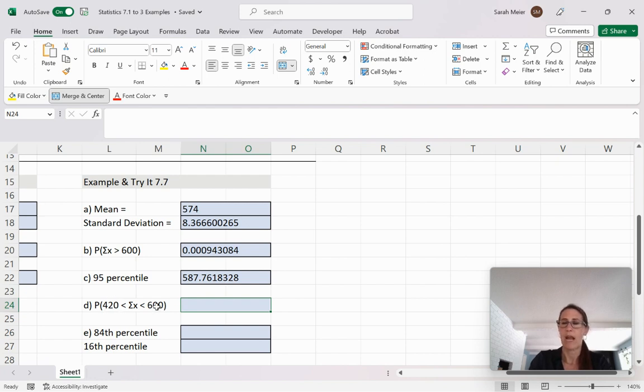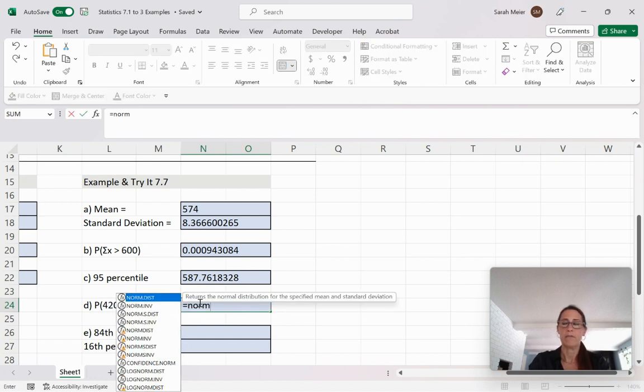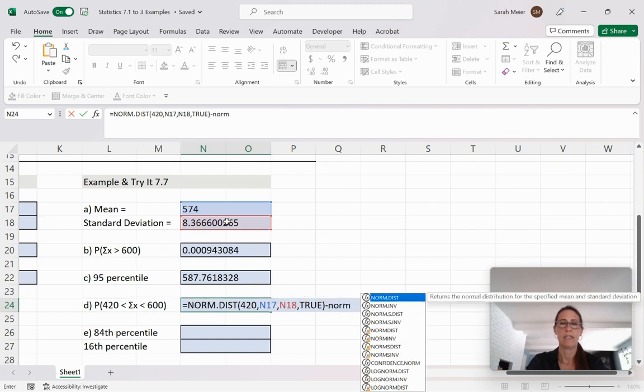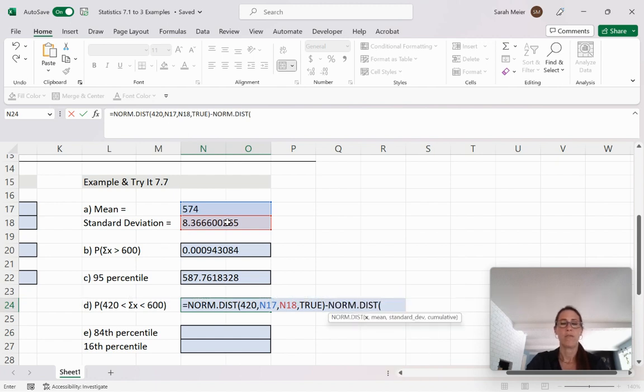And then we know that 10 hours is 600 minutes, 60 minutes times 10 hours. So we're going to do the normal distribution of 420, use the mean from above and the standard deviation and the word true, minus the normal distribution for 600.